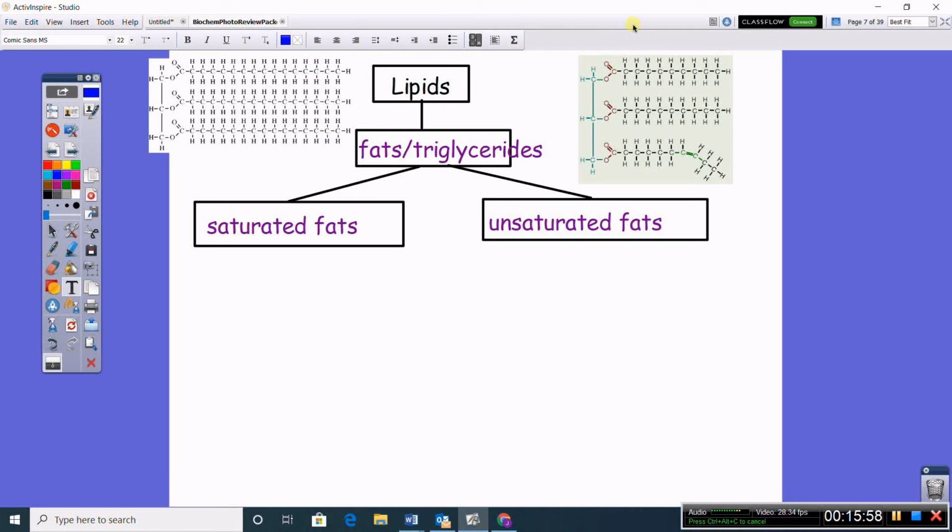So for saturated fats here, remember what fats and triglycerides are made of. They are made up of a glycerol, which is this part over here, and then starting with that carboxyl group, this is a fatty acid chain, this is a fatty acid chain, and this is a fatty acid chain. So saturated fats, we say, have no carbon-to-carbon double bonds, which means there are no kinks in their chain.